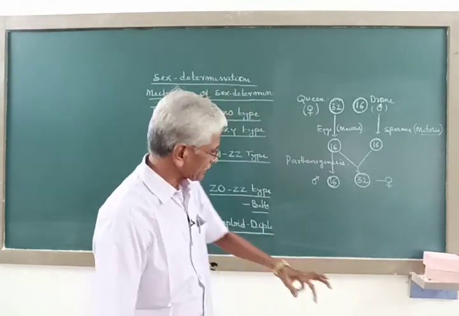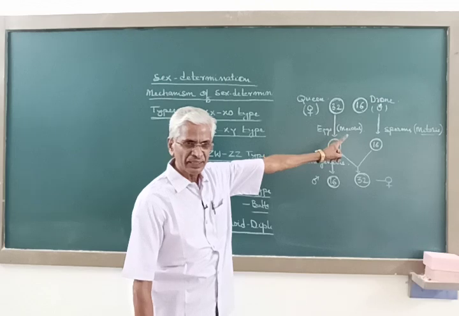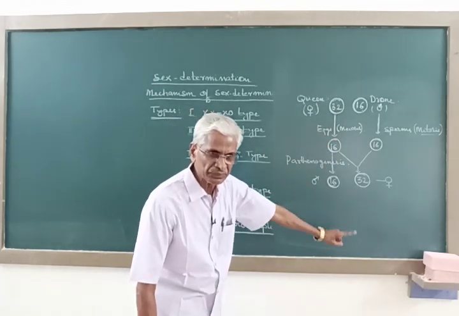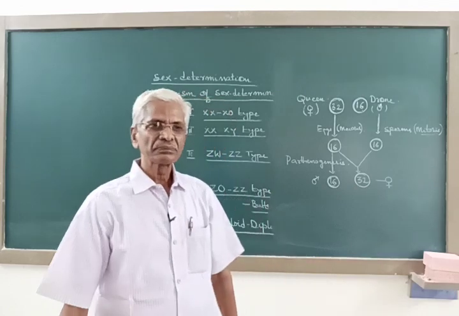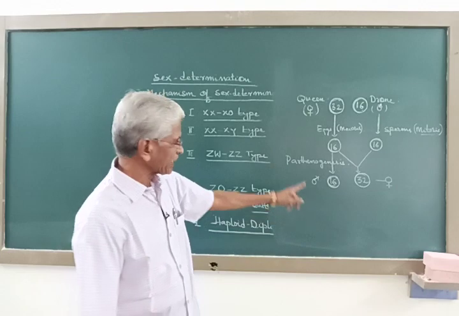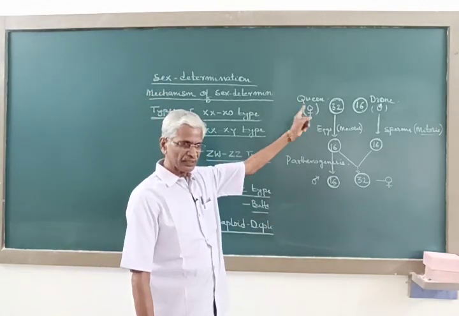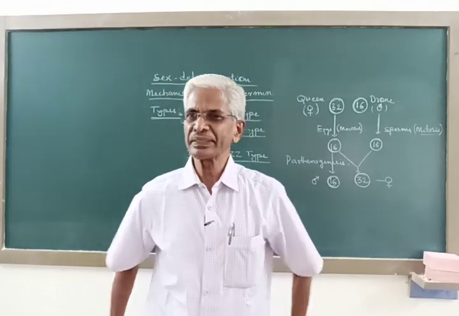So in honeybees, the males do not have a father and thus do not have sons. But however, they have grandfathers and grandsons. You just work it out and it will be very clear.